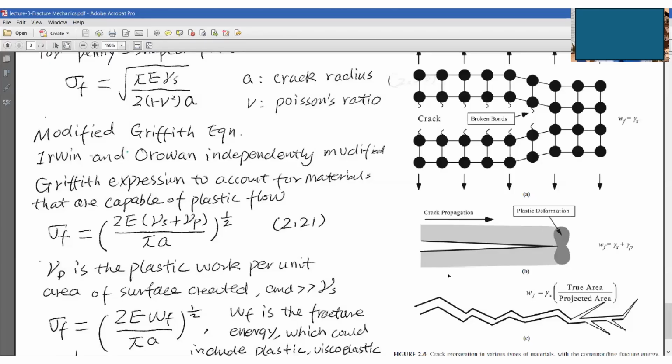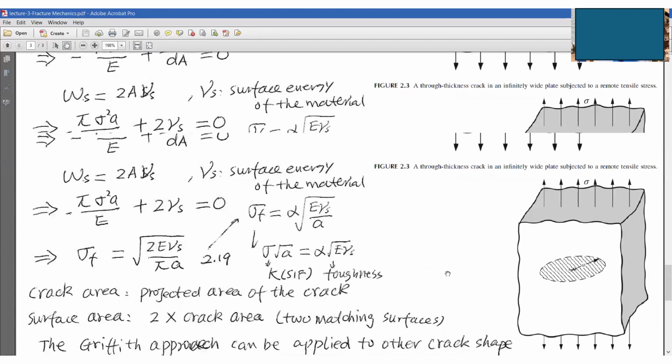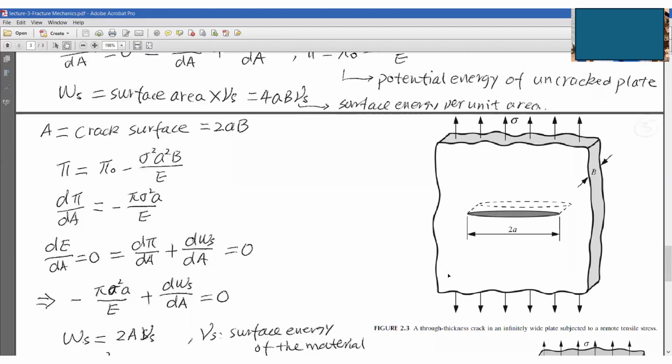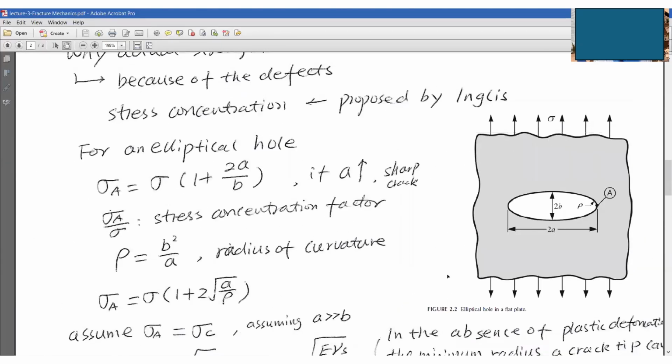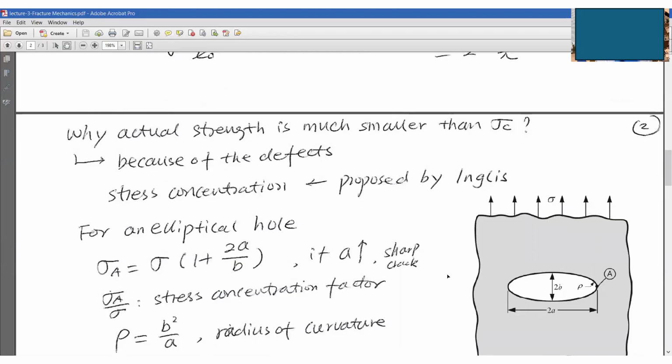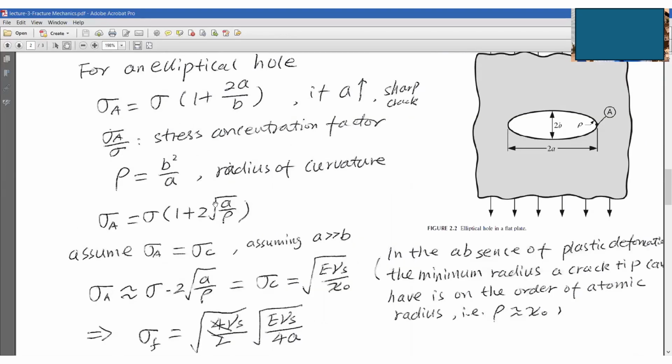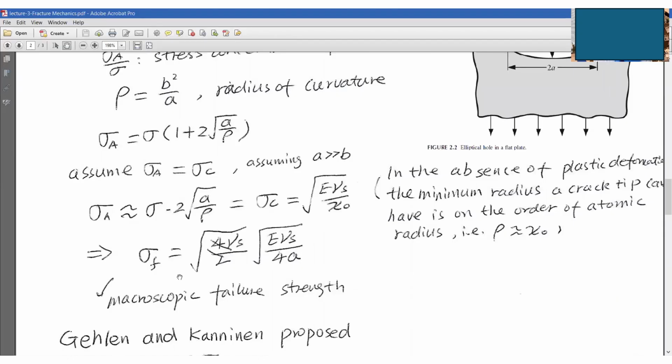What is the reason? Professor Inglis proposed a stress concentration model to account for this lower actual strength when compared with the theoretical strength, because of stress concentration.